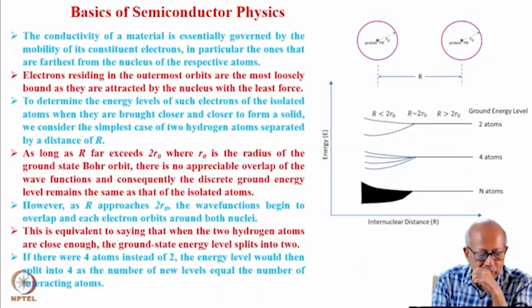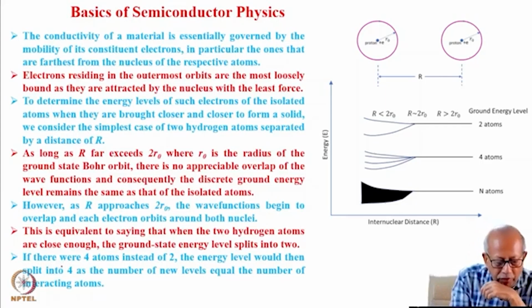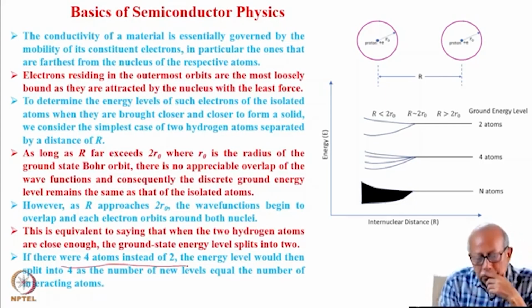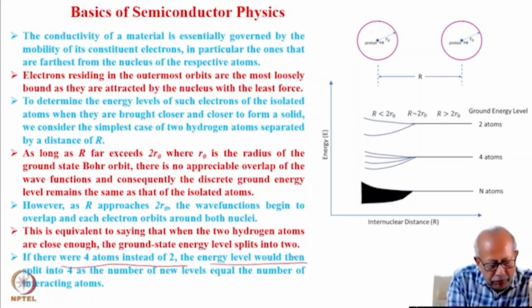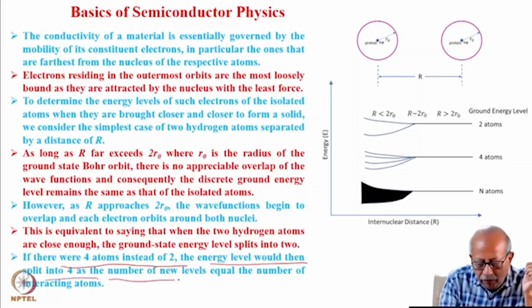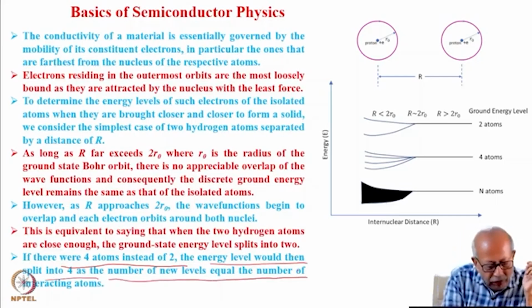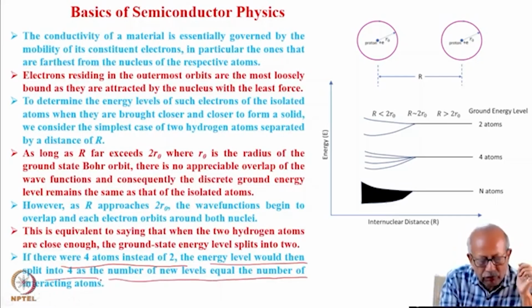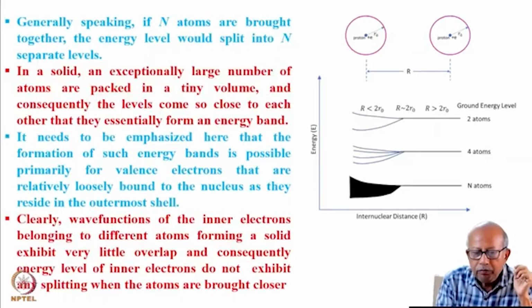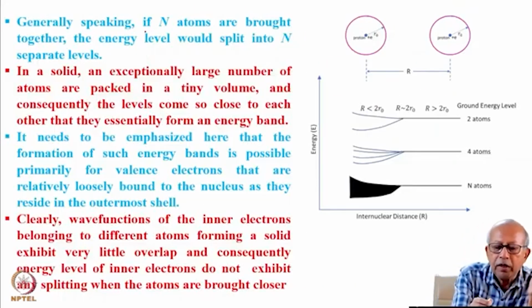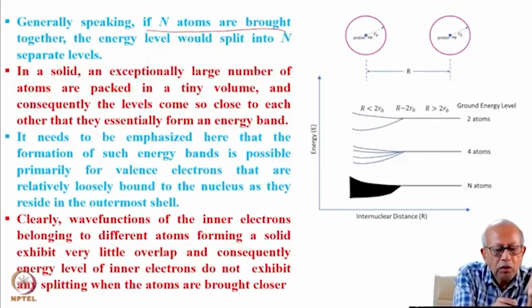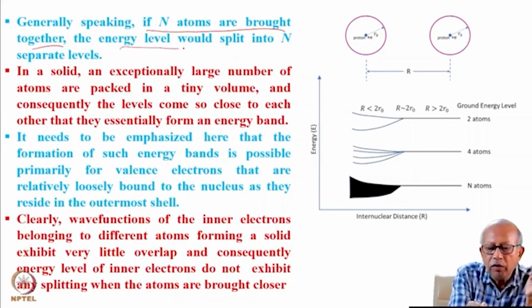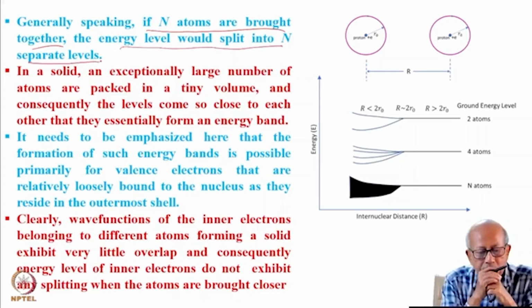So that's all. If there were four atoms instead of two, energy levels would split into four, as the number of new levels equals the number of interacting atoms. Generally speaking, if n atoms are brought together, the energy level would split into n separate levels.